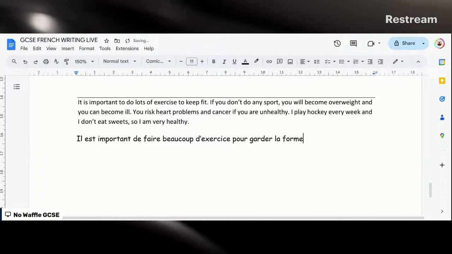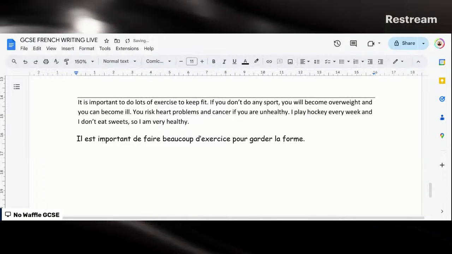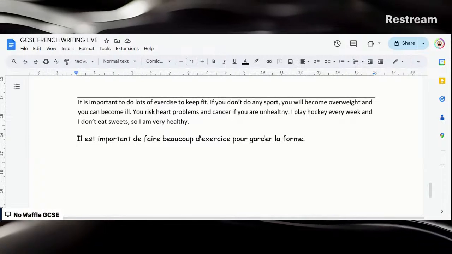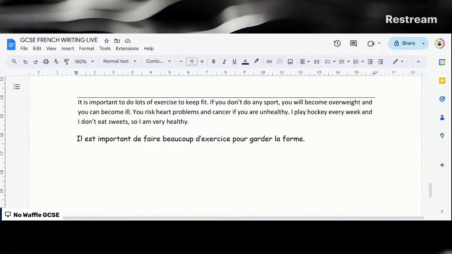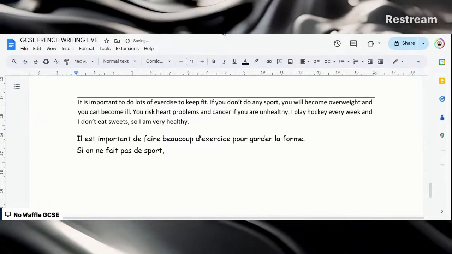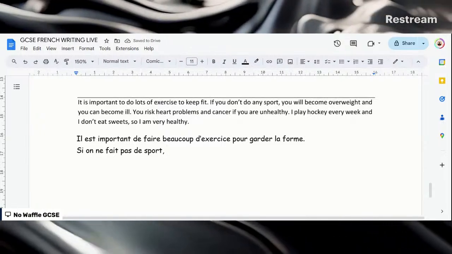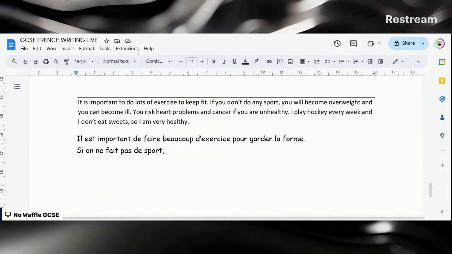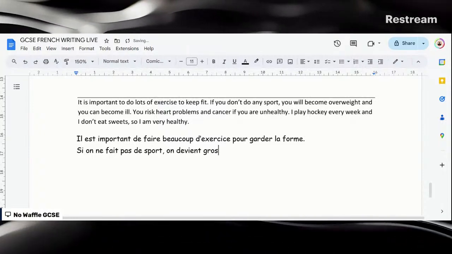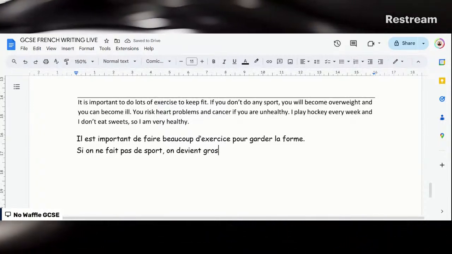If you don't do any sports, now they're asking for a translation of the negative part of the sentence, and you've got the si clause in there because si is if. So, si on ne fait pas de sport, you will become overweight. A specific French tense here, future simple: on devient gros.